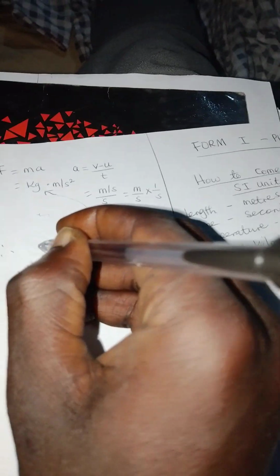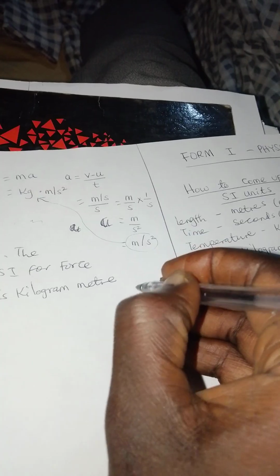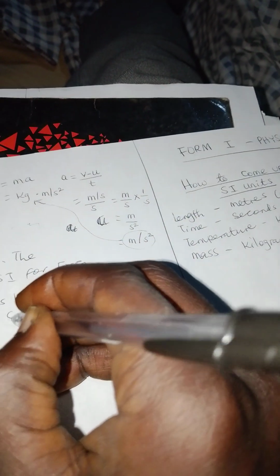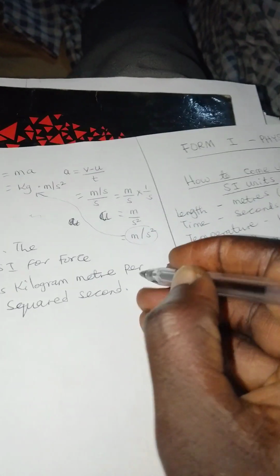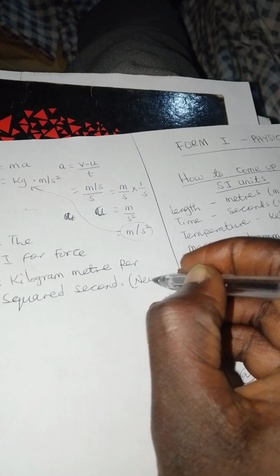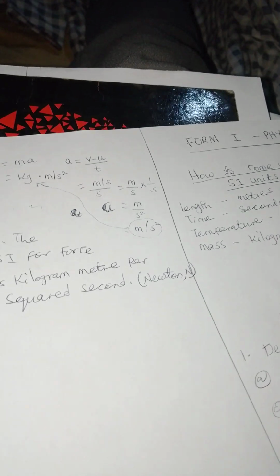So therefore the SI unit for force is kilogram meter per second squared, which is also known as Newton, and its symbol is capital N.